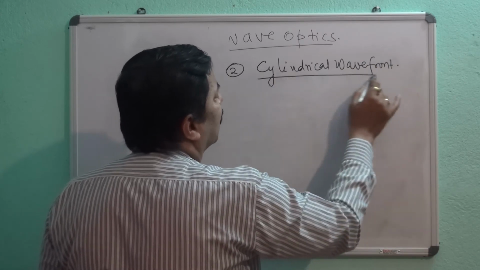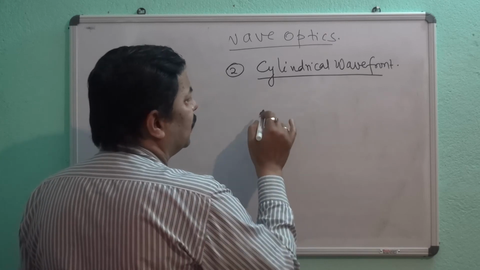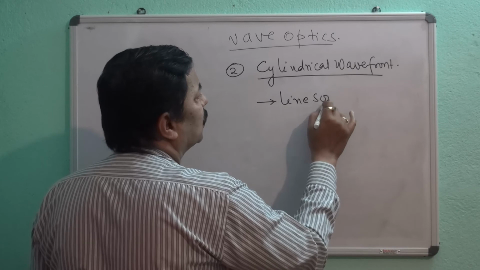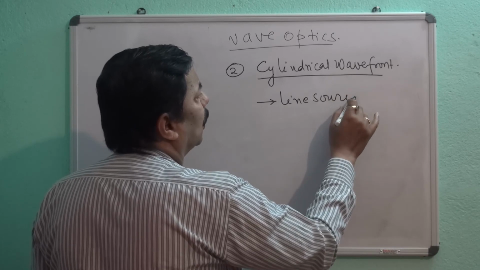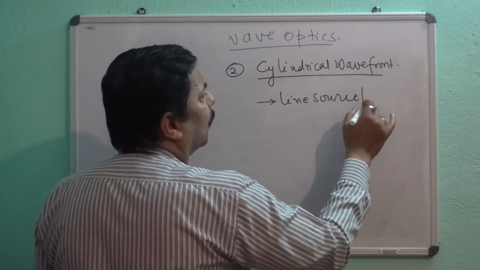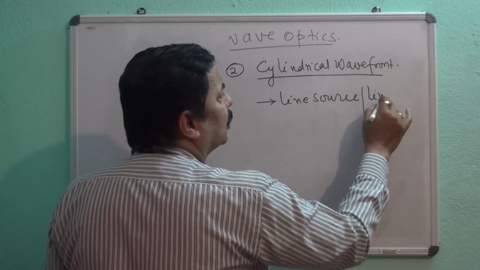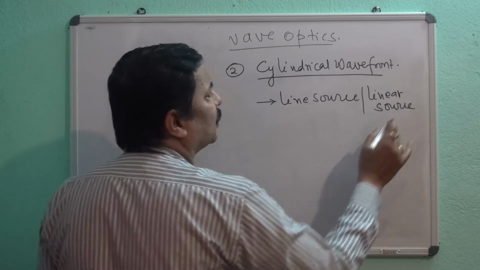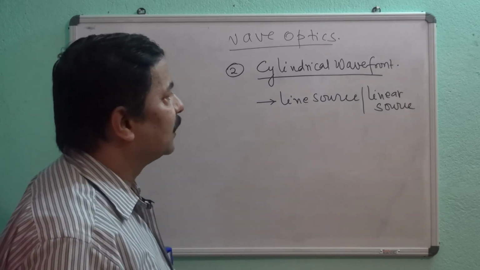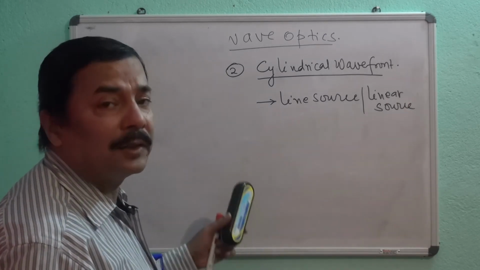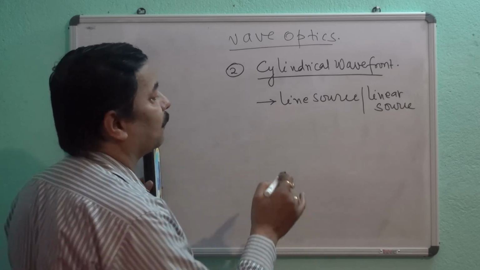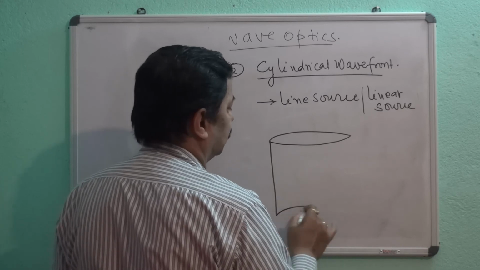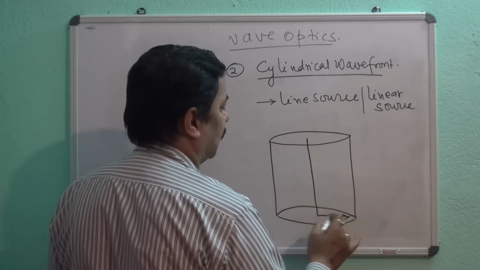For a cylindrical wavefront you need a line source or linear source, like a tube light. If a line source of light is there, like a tube light, then we will get a cylindrical wavefront. Suppose, for example, I am making the first cylinder, and here you observe.